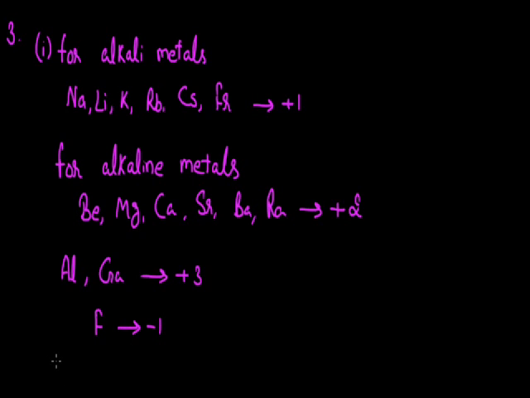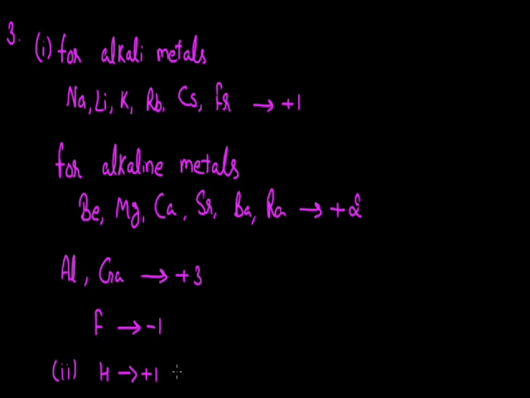Now if I talk about another element, such as hydrogen, then this hydrogen generally shows the oxidation state +1. Now, the thing to pay attention to is that this is the general oxidation state of hydrogen. Otherwise, if the hydrogen atom is present in elemental form, the oxidation state will be 0. If it's present with an element which I have not introduced till now, then it will show the oxidation state +1.